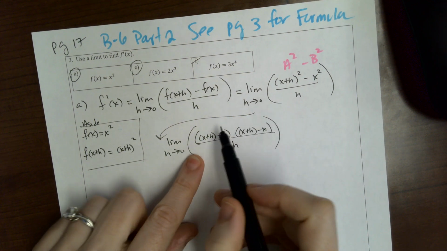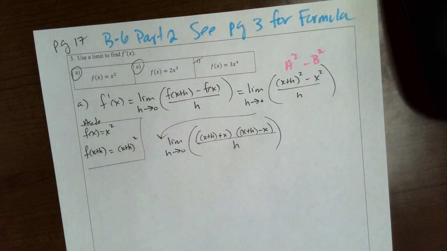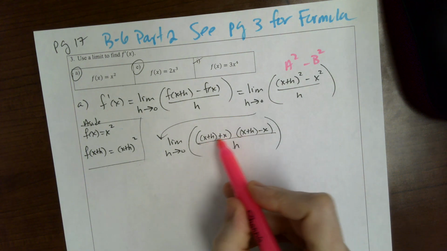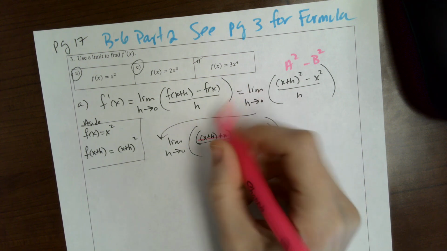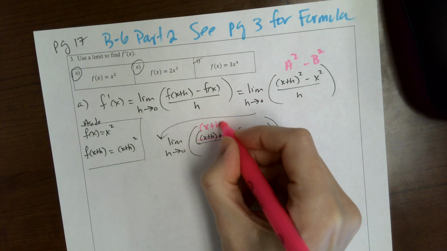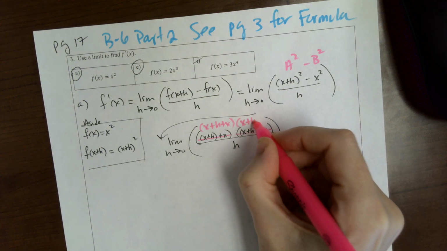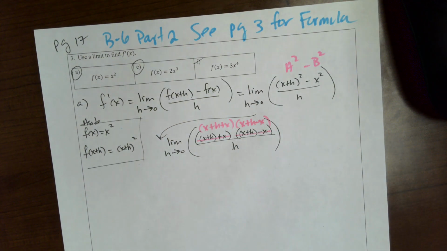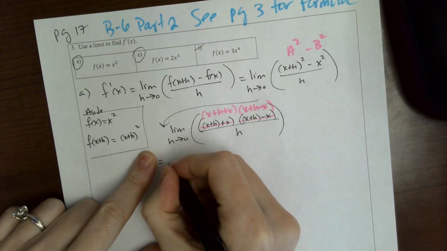And really, guys, I'm going to do a sloppy move here because you didn't even really need those parentheses. So this ends up being x plus h plus x, x plus h minus x.